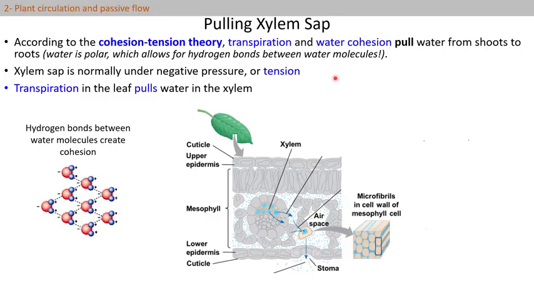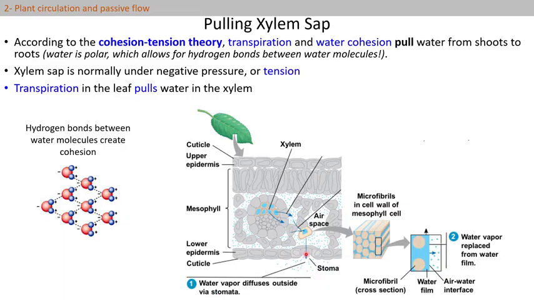How does that work? Well, if you have evaporation, transpiration, that means water vapor diffuses outside via the stomata. If you do that within the leaf, well, that vapor needs to be replaced.